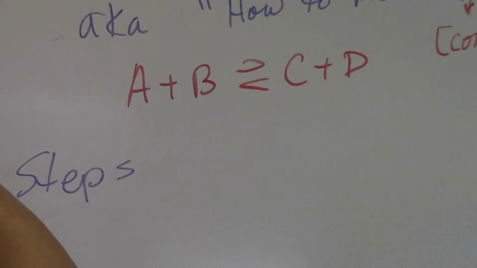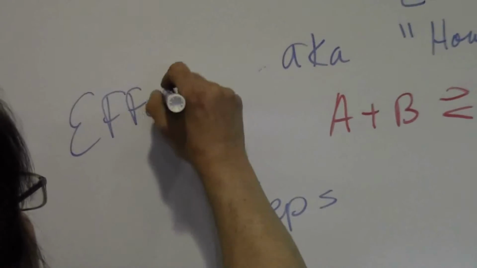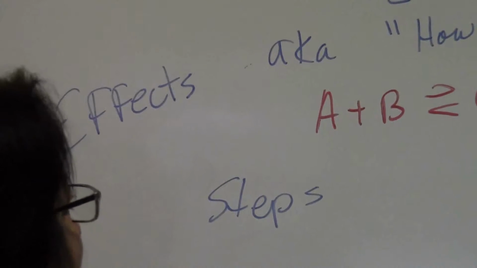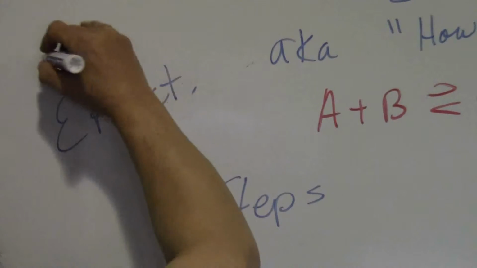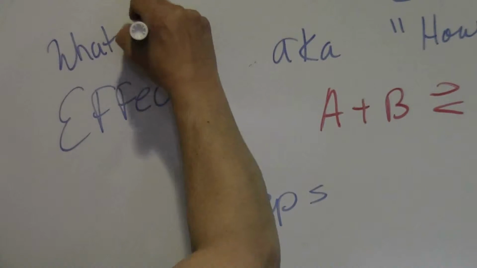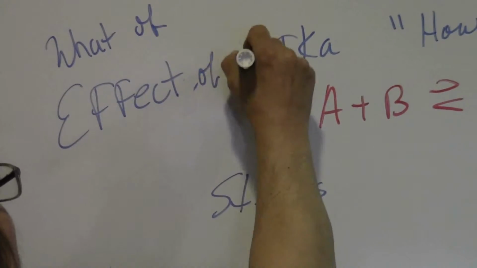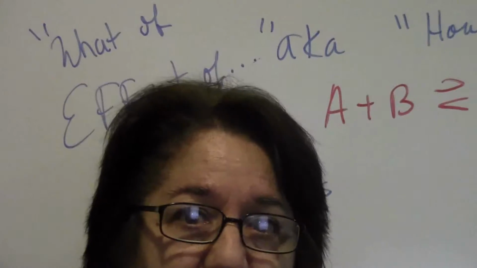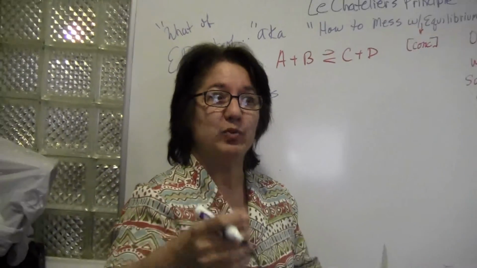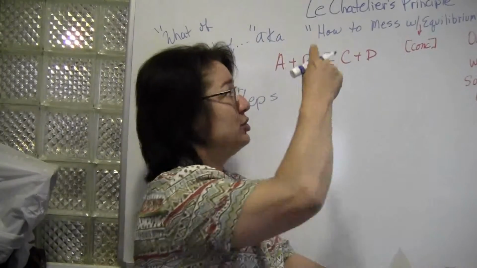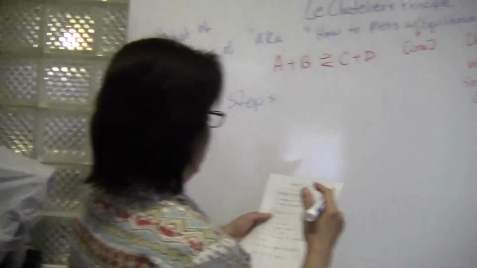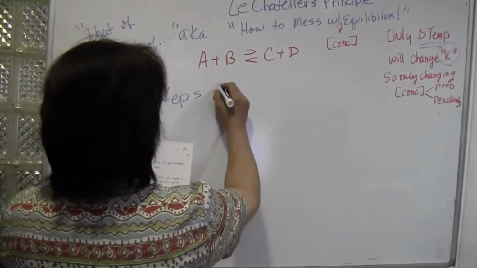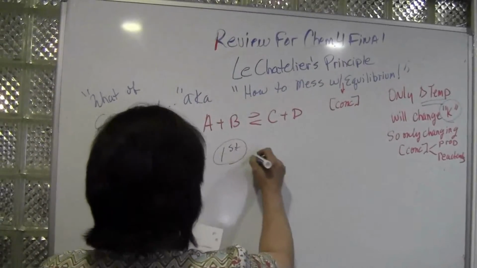And the way they might ask it, they might put Le Chatelier's principle in the name of the question, or they might say, what is the effect of adding more compound, taking away some compound. So if you see the words, what is the effect of, or what will the shifts be, they're talking about Le Chatelier's principle.